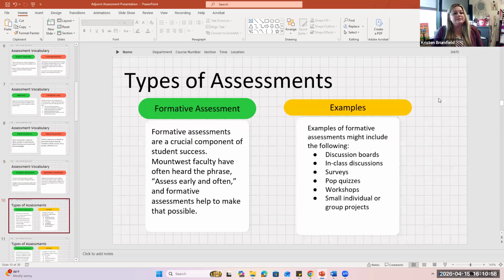And with types of assessment, we have, of course, formative. This is a big component of student success. At Mount West, we have heard the phrase assess early and often, and formative assessments help to really make that possible. I would even add to this, because I teach my students this, they're early childhood and elementary ed students, so they learn a lot of assessment.